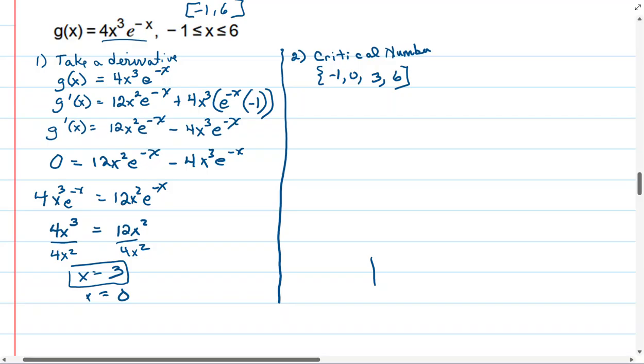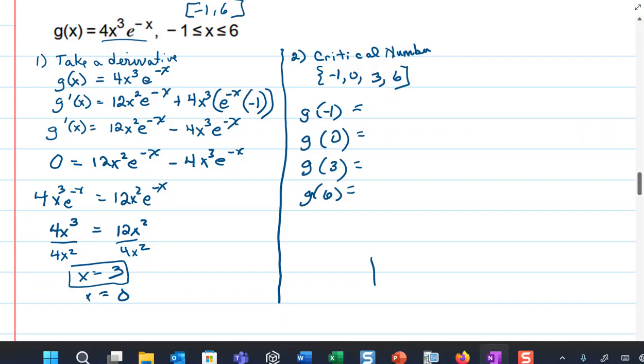So I'm going to have g of -1, g of 0, g of 3, and g of 6. Okay, and I'm not going to do any math, so we're going to put it in the calculator.